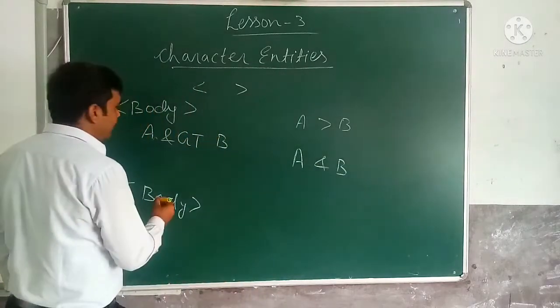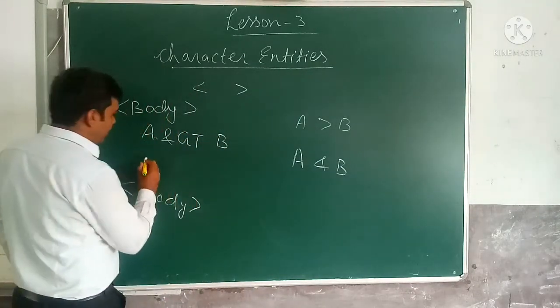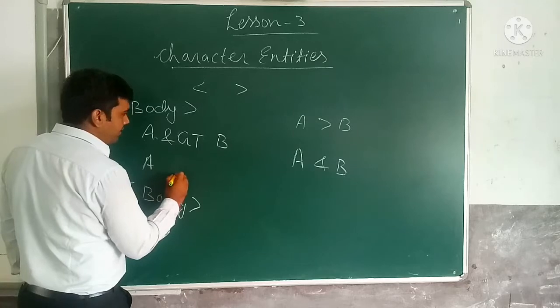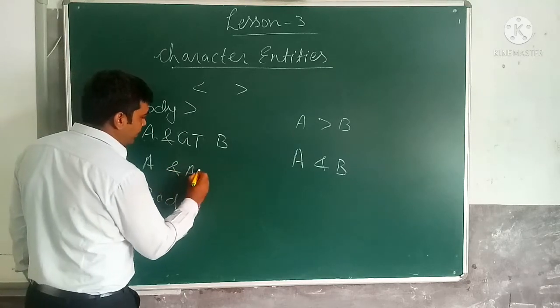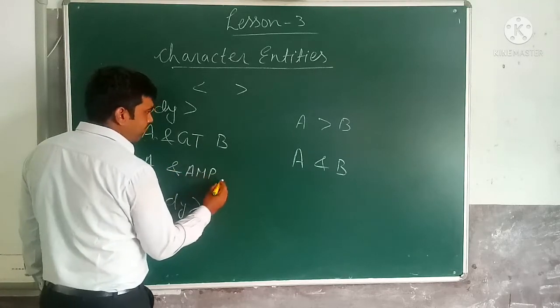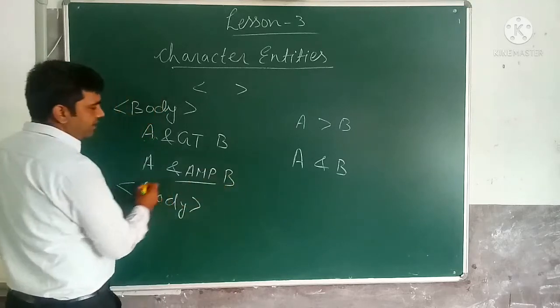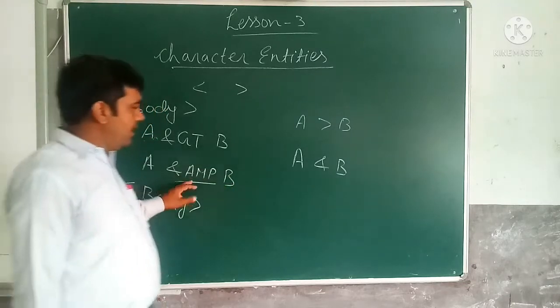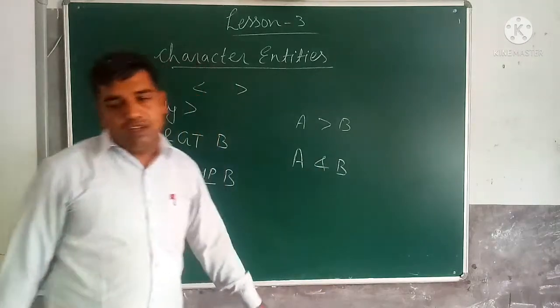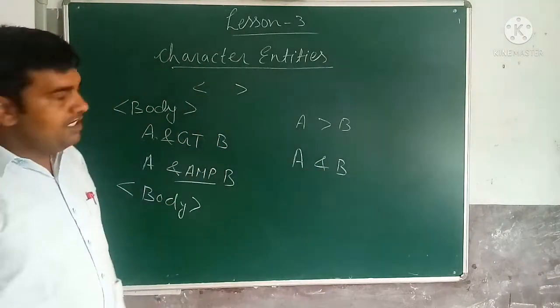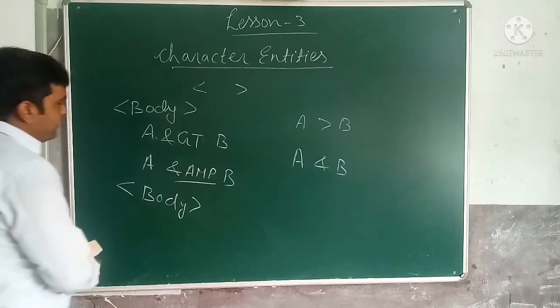If you want to write A ampersand B, then for that also you have to use ampersand AMP. By writing A and B this way, the browser will understand that it has to place the ampersand symbol on the web page.